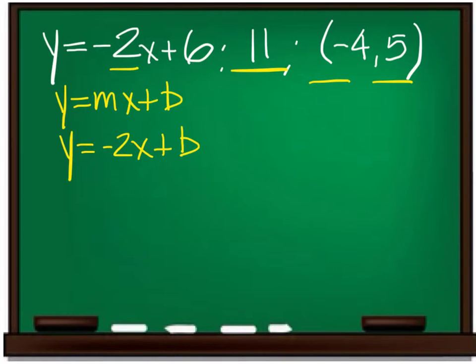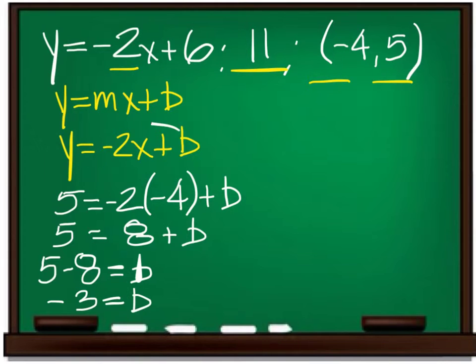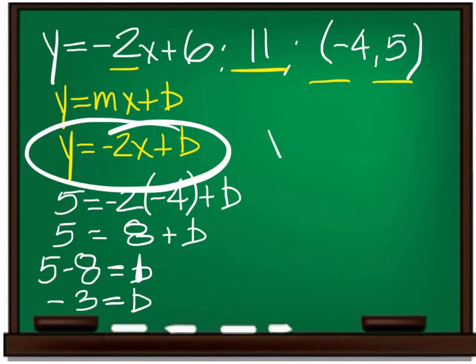Plug in these points. 5 equals negative 2 times negative 4 plus b. Simplify here to get 8 and move it to the left. Change the sign. You end up with a negative 3 that you plug in back here. Answer is y equals negative 2x minus 3.